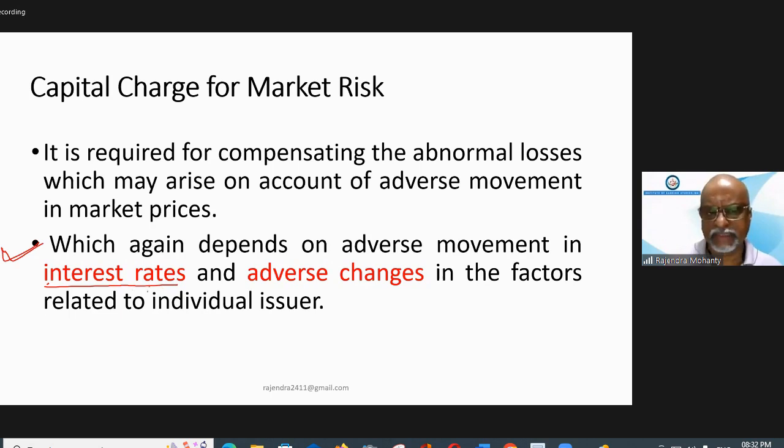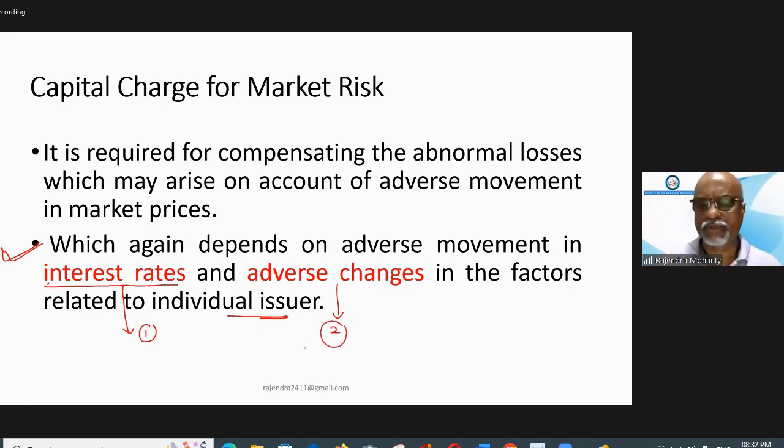Market risk capital happens due to a change in the movement or change in the market rates. Second, I told you that apart from this, there might be some adverse changes in the factors related to the individual issuer.